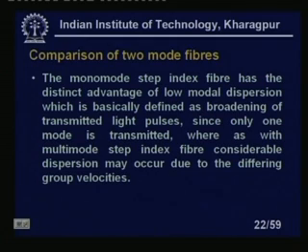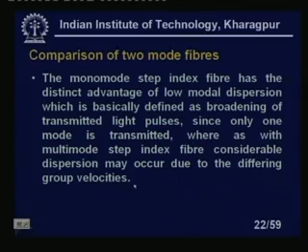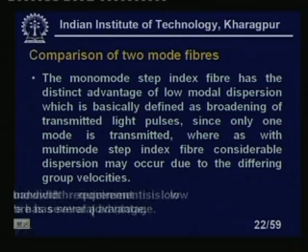Whereas with the multimode step index fiber, considerable dispersion may occur due to the differing group velocities. A light ray going straight along the axis has one speed, and a ray going through total internal reflections, because of a large incident angle, will have a different group velocity. So, at the end there is modal dispersion.